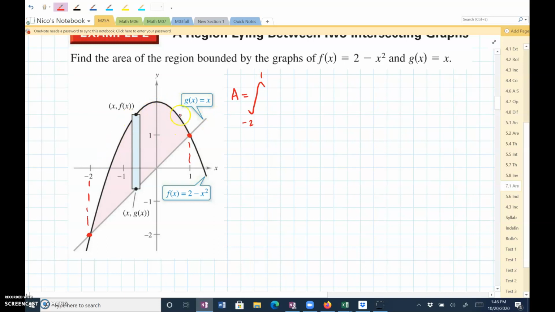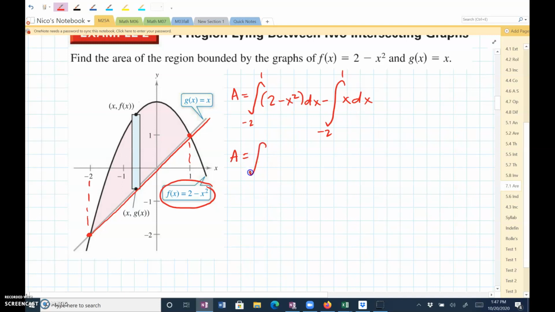The top function here is 2 minus x squared dx, minus the integral from -2 to 1 of the bottom function, x dx. So I can write this as the integral from -2 to 1 of 2 minus x squared minus x dx.